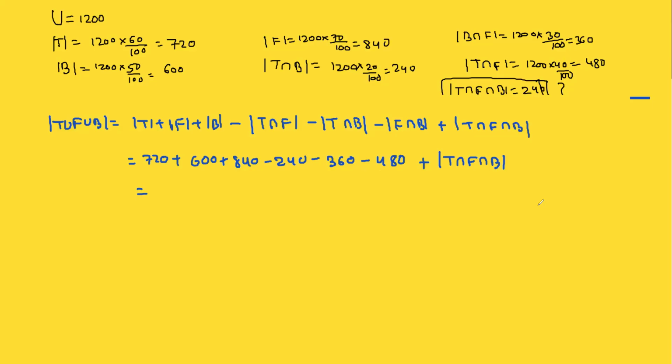No, calculate this once again. How are you getting 140? What is the sum of this? Very good, 1080. And this is what? Intersection of.